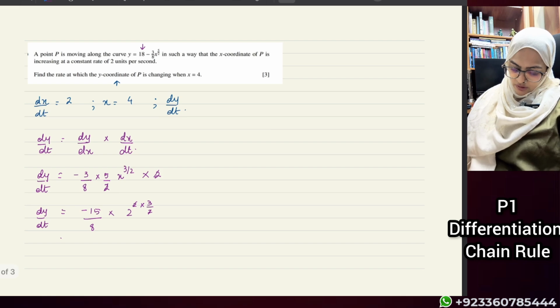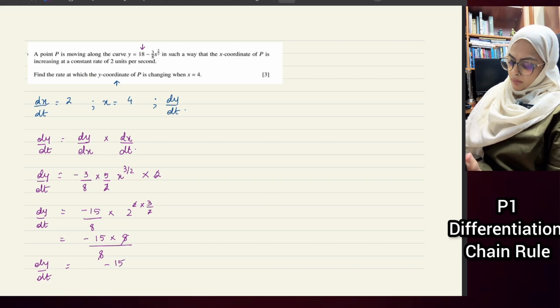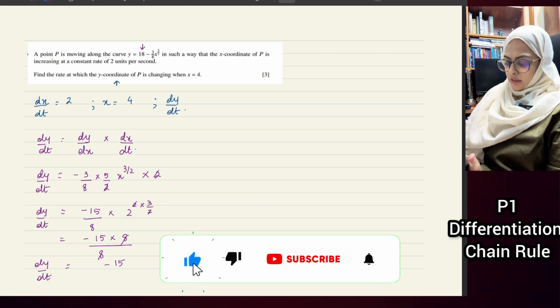So we have minus 15 into 2 cube, which is 8 upon 8. Dy by dt is equals to minus 15. This is the answer. And minus 15 means that y is decreasing at the rate of 15 units per second.